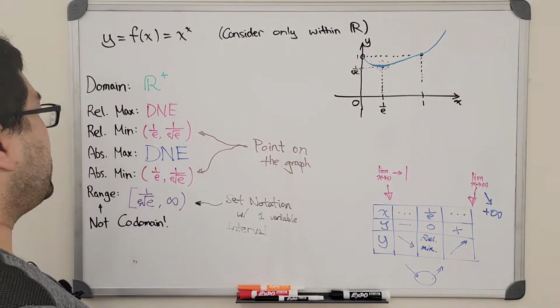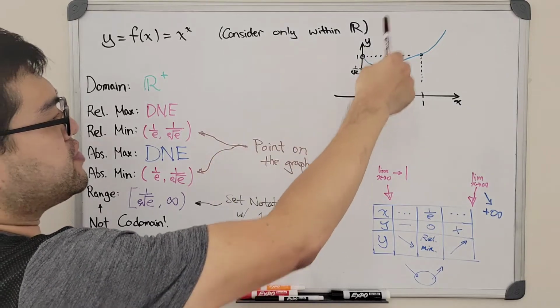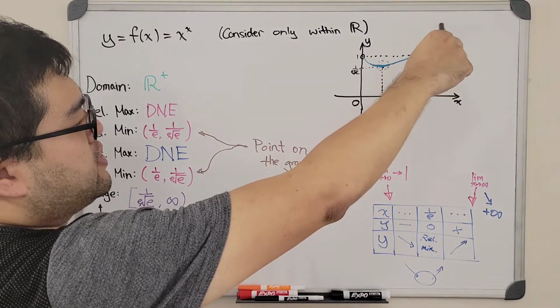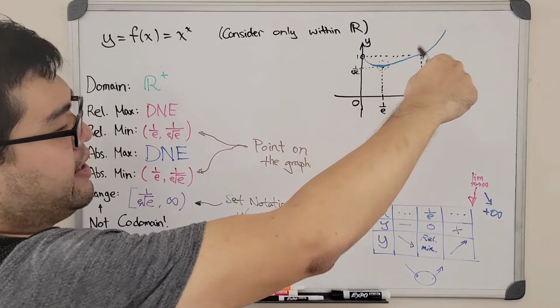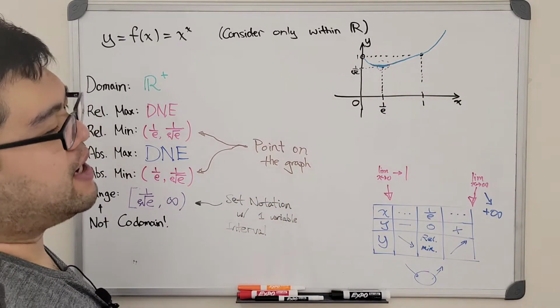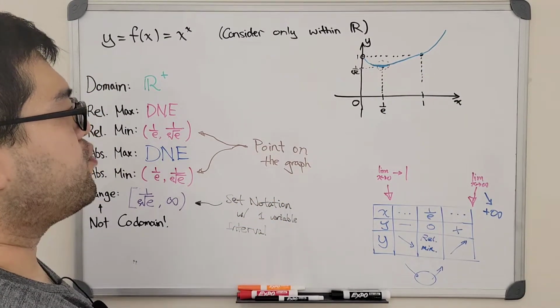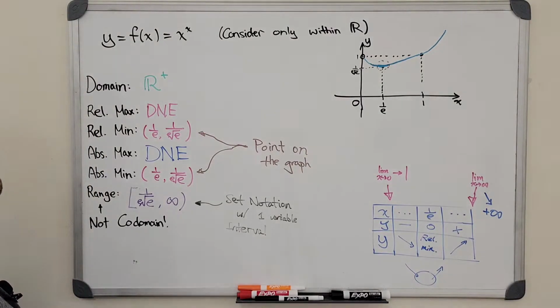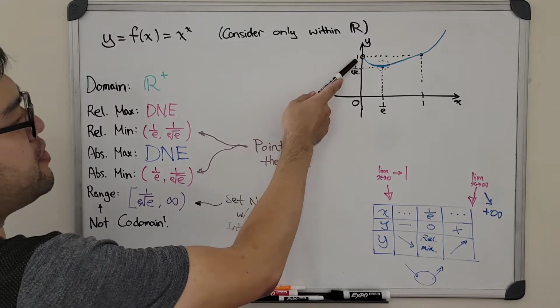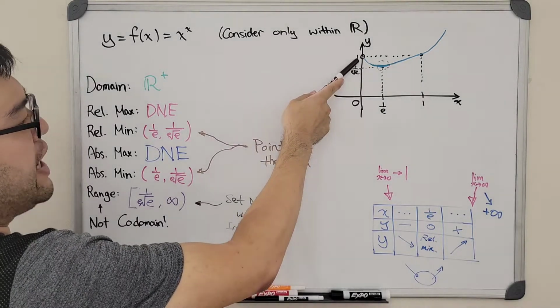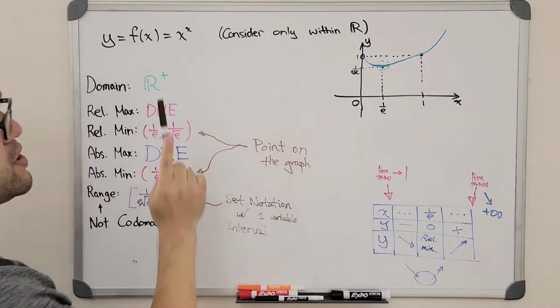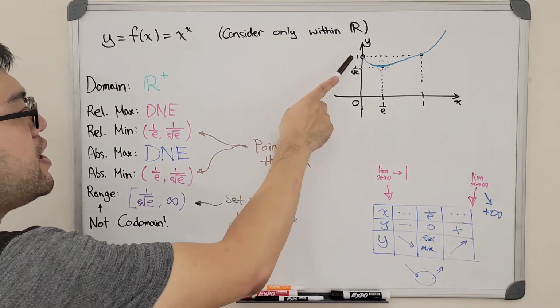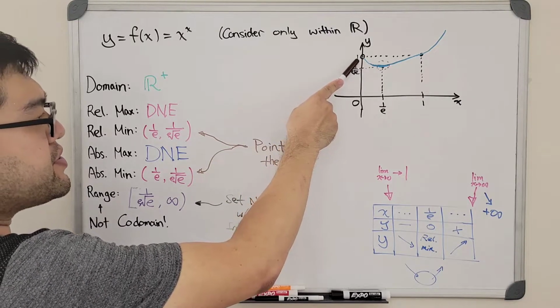Good. And then there's no relative maximum, because we don't see any points locally that have no points higher than it. We can always find points going higher. And you might argue, how about this point? Isn't this the highest point? Unfortunately, we cannot say that, because we cannot have x equals 0.